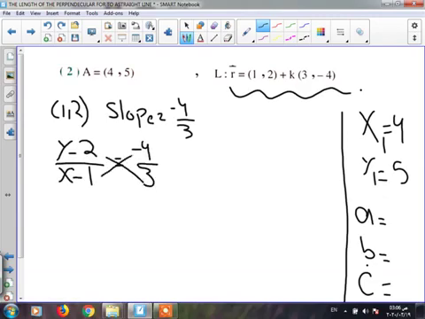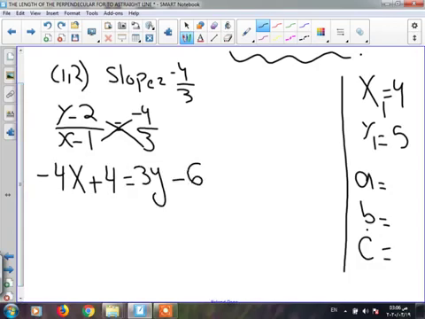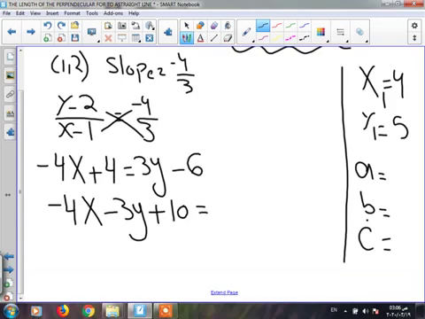Make your cross multiplication. It will be -4x plus 4 equals 3y minus 6. Move to the other side: negative 4x minus 3y, negative 6 moves to the other side as positive 6 plus 4. It will be positive 10 equals 0.